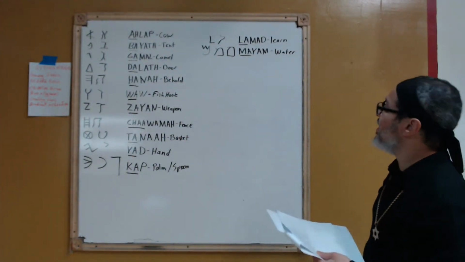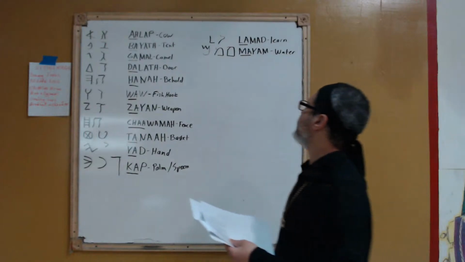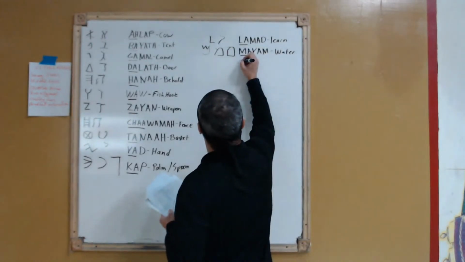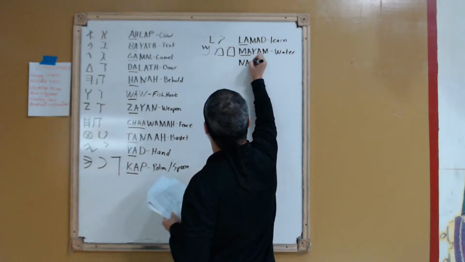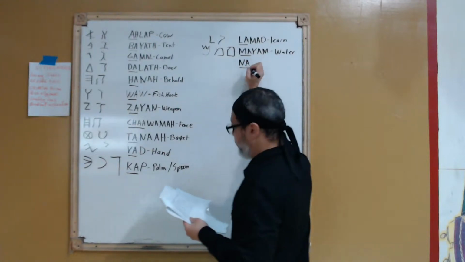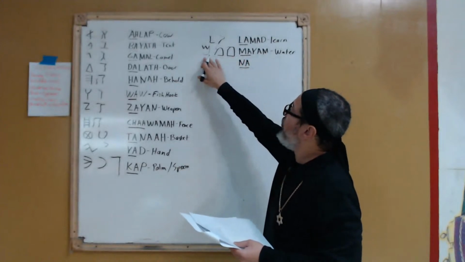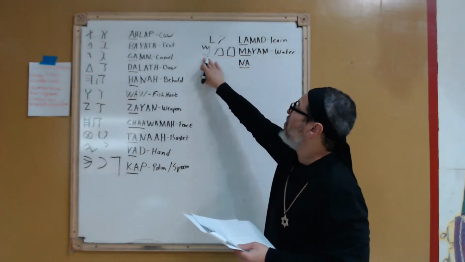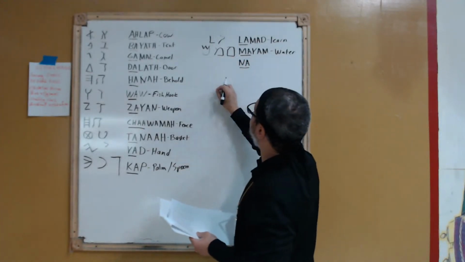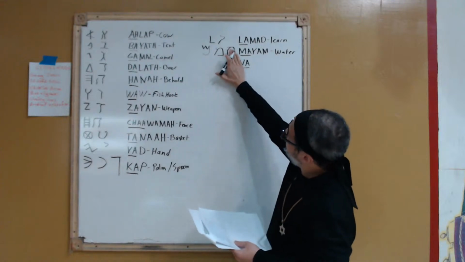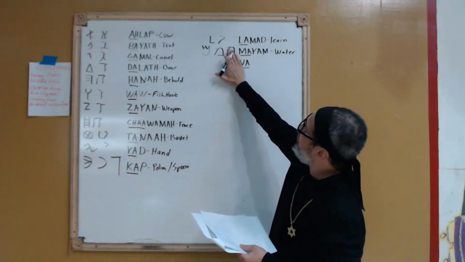Next, we have the na, which is the NA sound. Similar to the formation of the ma, if you see here, you got like a V in a way.